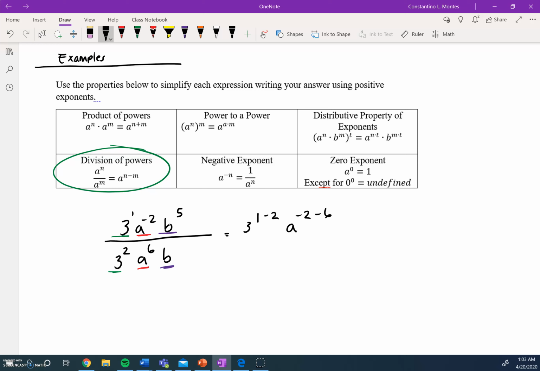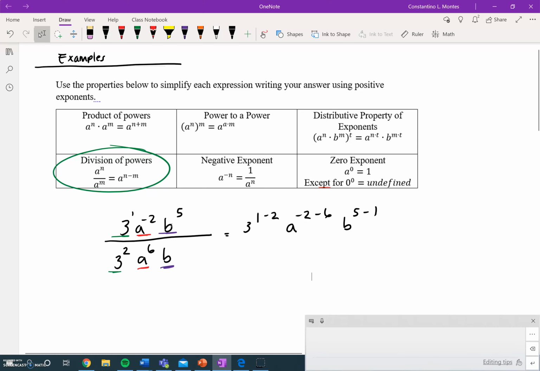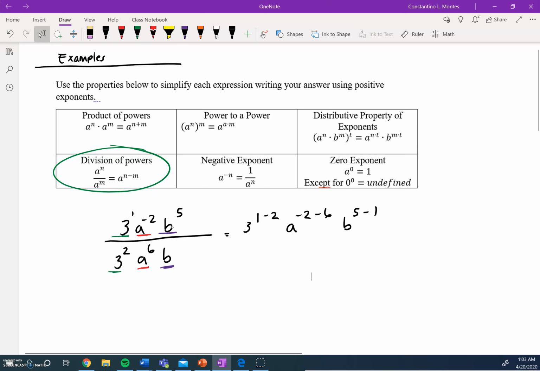And this is going to turn into b to the power of 5 minus 1. Now again, even though there's nothing there, we can think of there being a 1 right there. So sometimes it's put in there, sometimes not. Make sure that if it's not, you still think of it conceptually as being there.